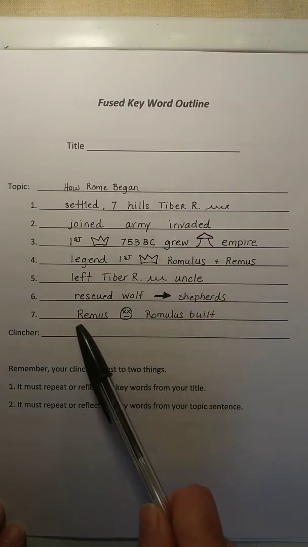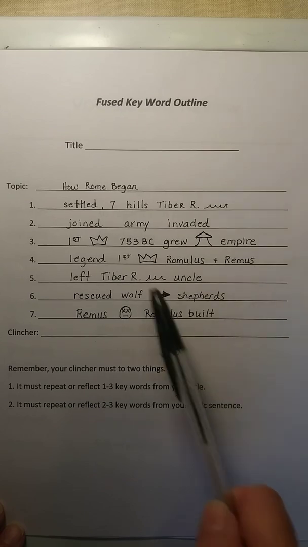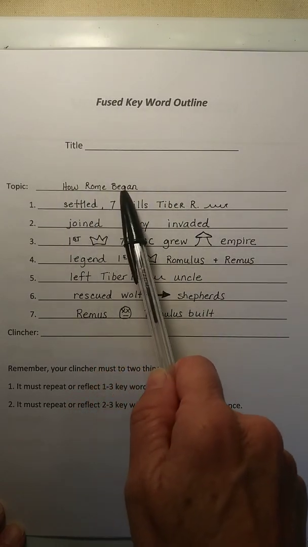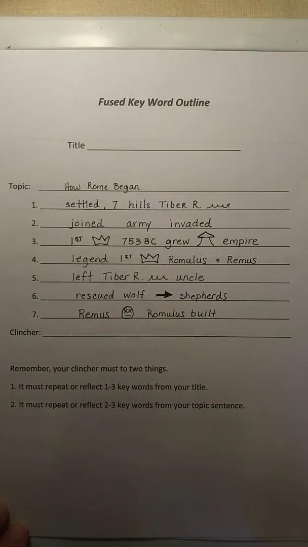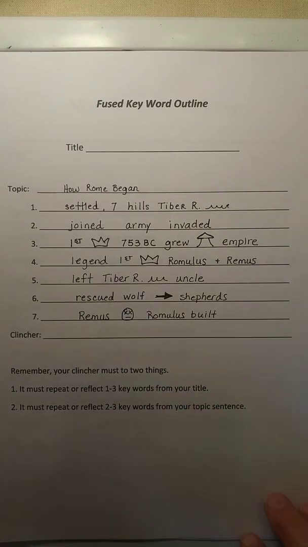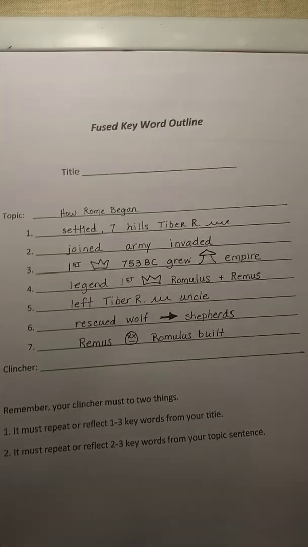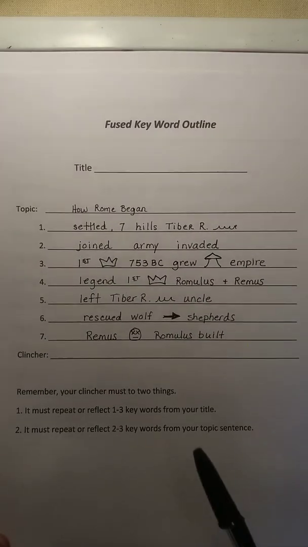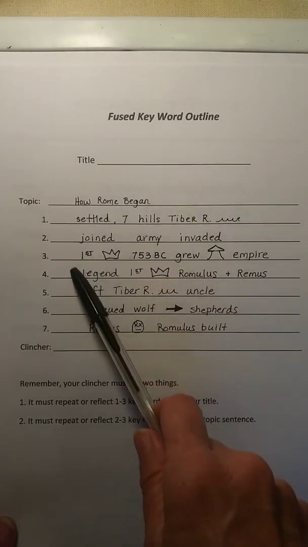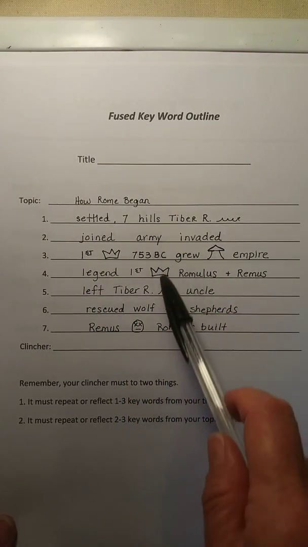And it also has to reflect 2 to 3 words from your topic sentence. Okay, remember the topic sentence is going to describe what your paragraph is about, how Rome began, or the beginning of Rome. Okay, so that's part of your homework. You're going to be taking this fused keyword outline and writing a paragraph with these notes.